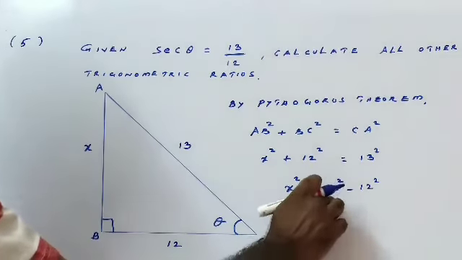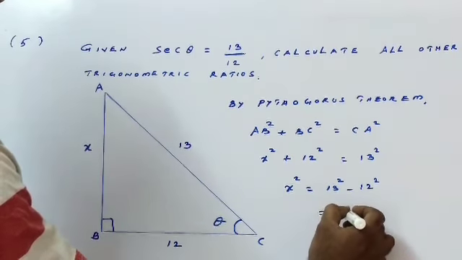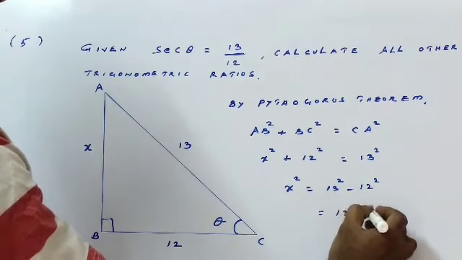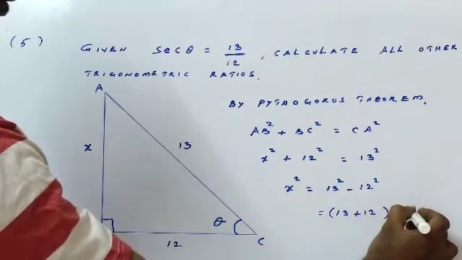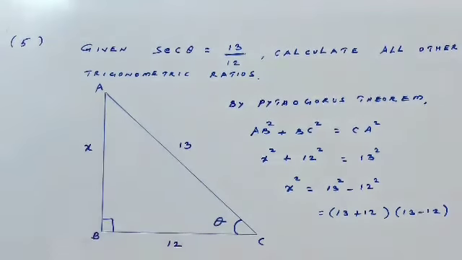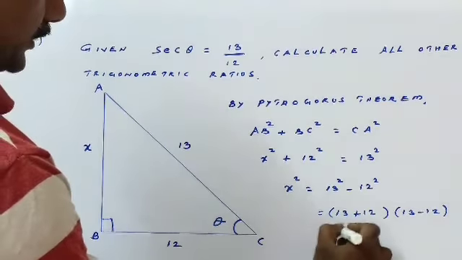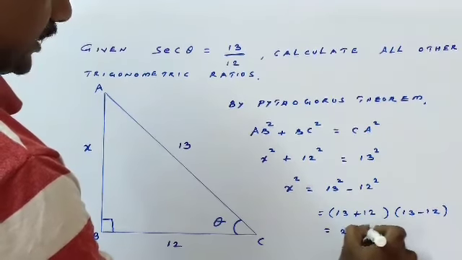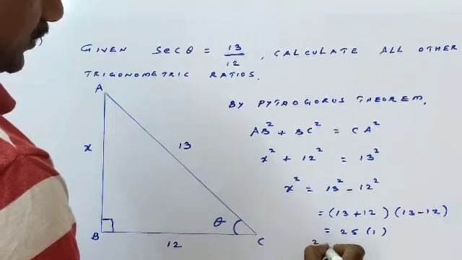Consider a is 13, b is 12, so a plus b, 13 plus 12, into a minus b, 13 minus 12. So 13 plus 12 gives 25. 13 minus 12 gives 1. 25 into 1 is 25. Value of x square is 25.